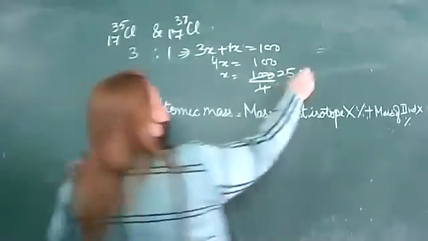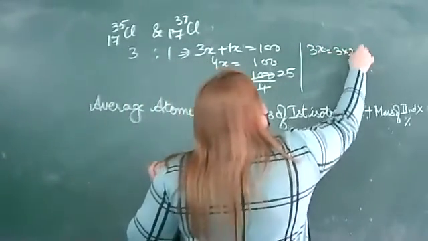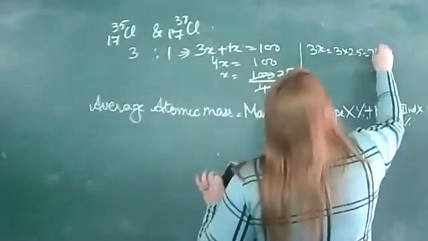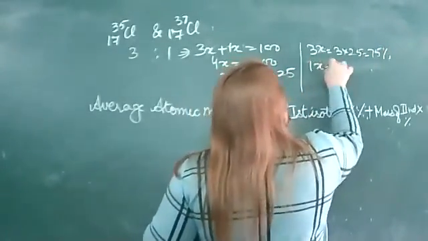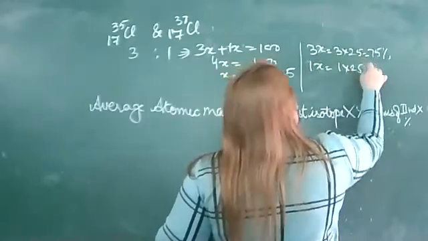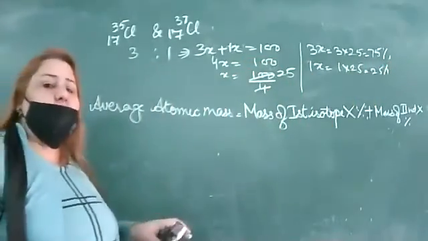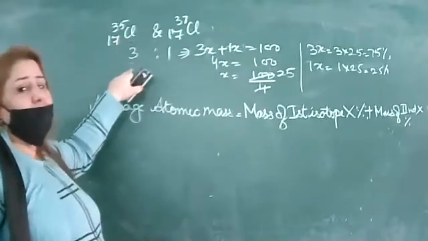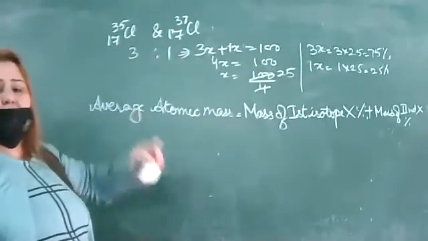Now put these values: 3x, 3 into 25, that is equal to 75, and 1x is 25. Respectively, the first ratio is chlorine 35 and second ratio is 37.